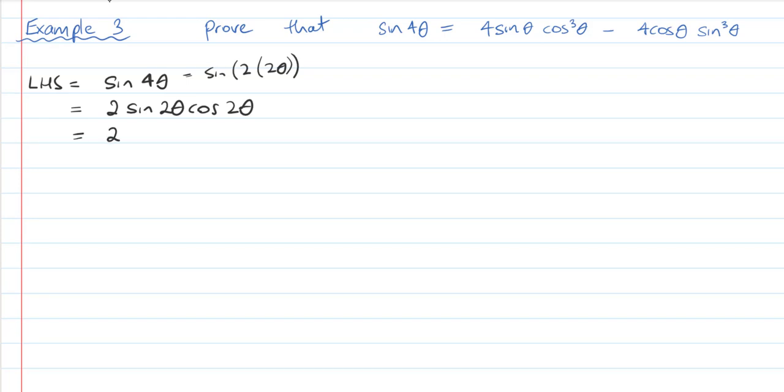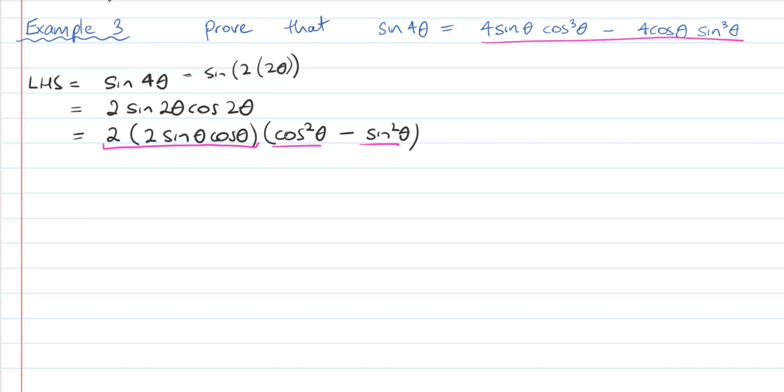And this gives me 2 times 2 sine theta cos theta, but then cos 2 theta becomes cos squared theta minus sine squared theta. And I'm pretty happy at the moment because this is a single term multiplied by that, and that creates two terms. And I've got two terms up there, and better yet, there's a negative. So I think this is going to work out quite nicely.